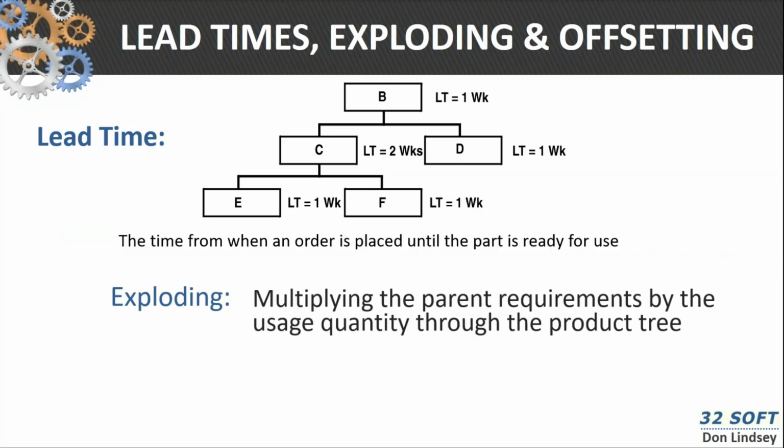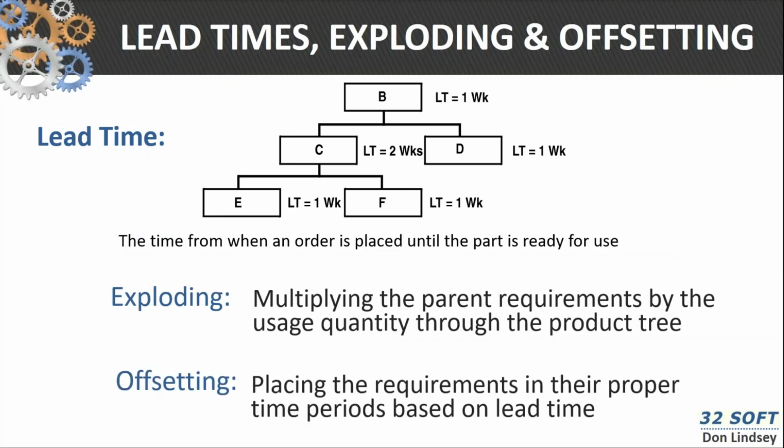We explode that by multiplying the parent requirements by the usage through the product tree. And then we offset that by the lead time, based on either the planner's or the buyer's estimate of how long it's going to take to actually place the order and have it ready for use.